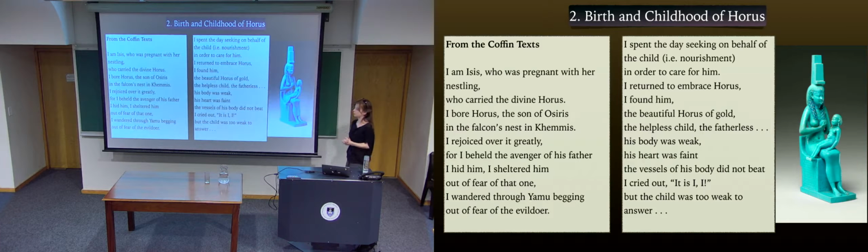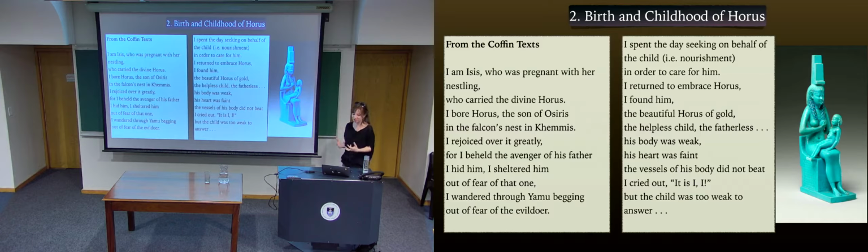Okay, so Osiris has his face. He is now king of the underworld. Isis is pregnant, and she gives birth to Horus. And we get into the second part of all these stories, and I see that I'm rapidly running out of time, so I'm going to have to speed it up.